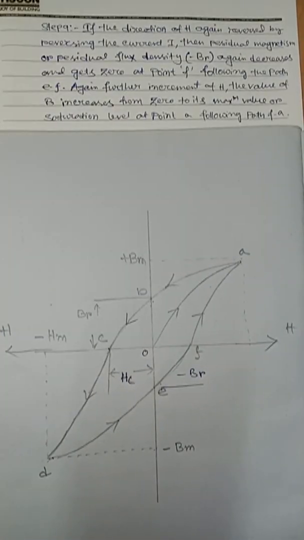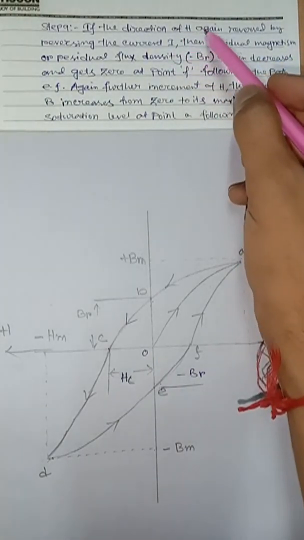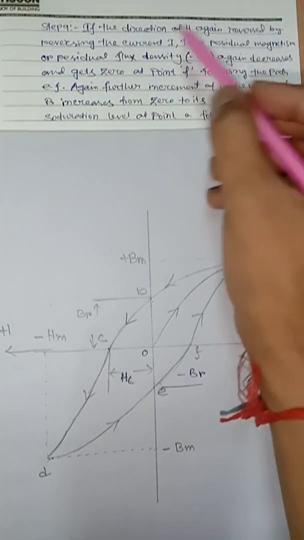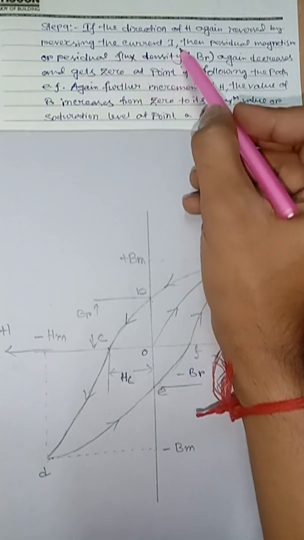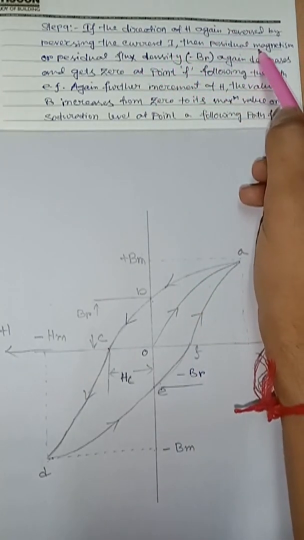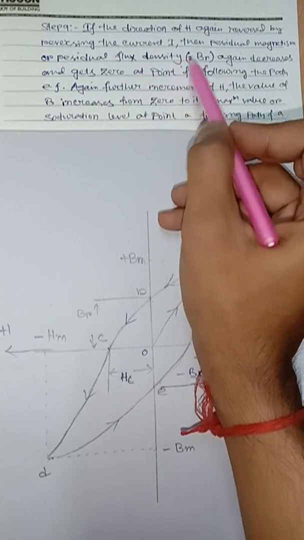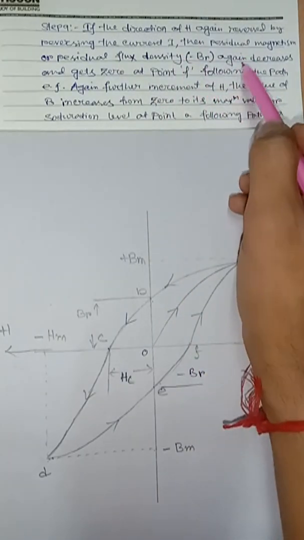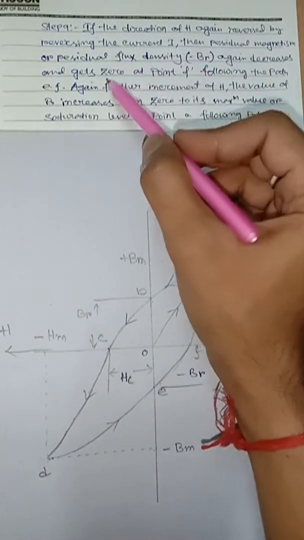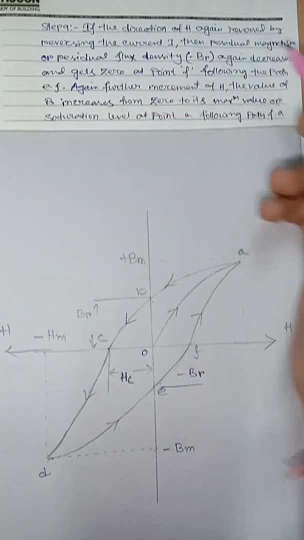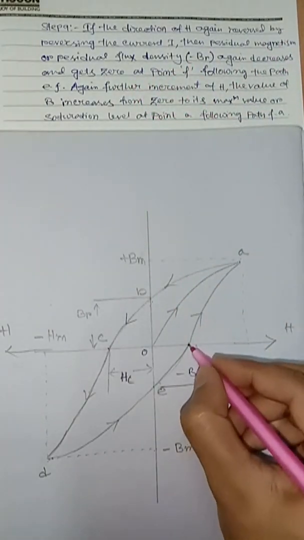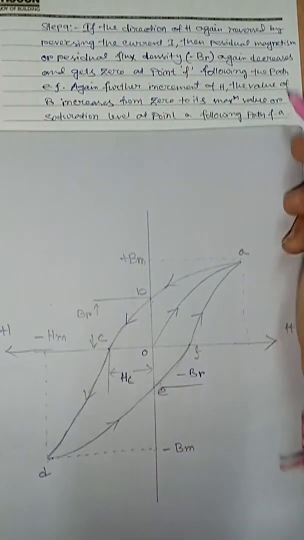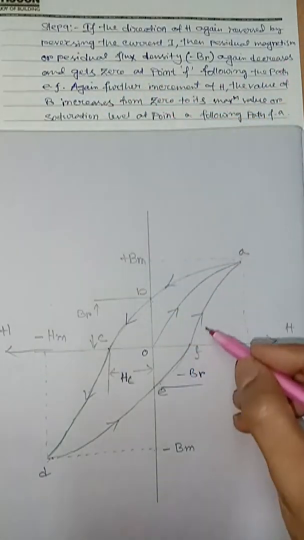Step 9, which is our last step: if the direction of H is again reversed by reversing the current I, the residual flux density minus Br decreases and gets 0 at point F, following the path EF.